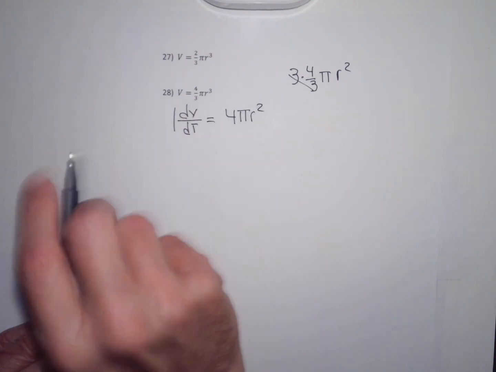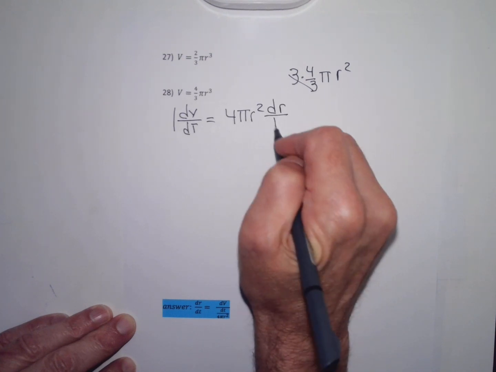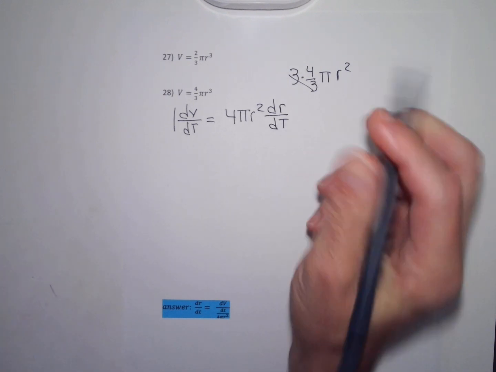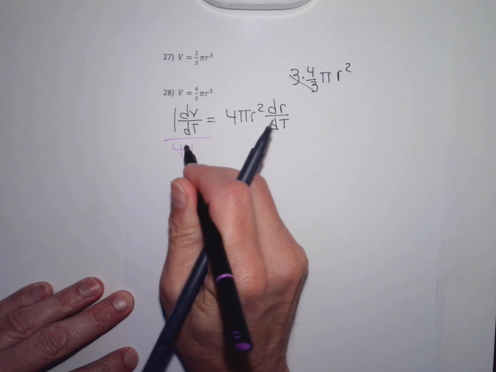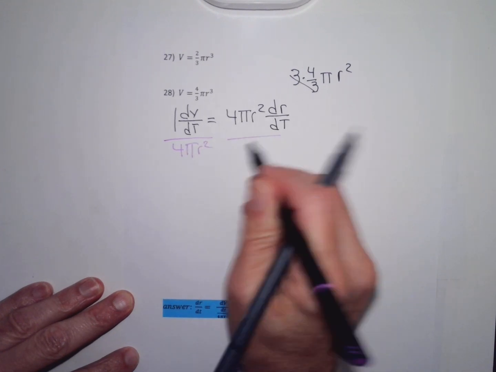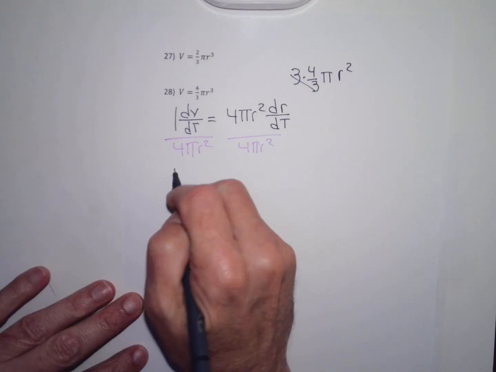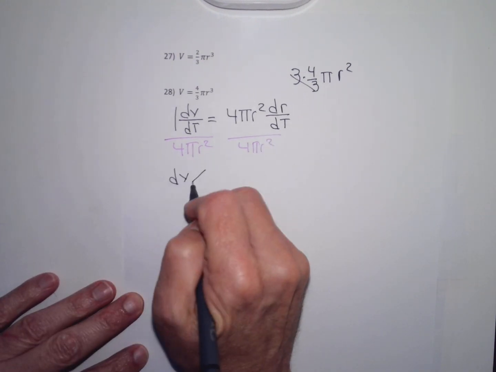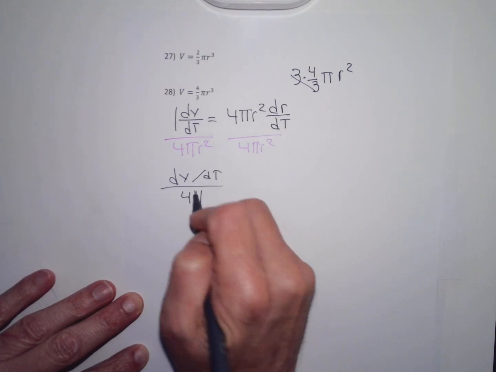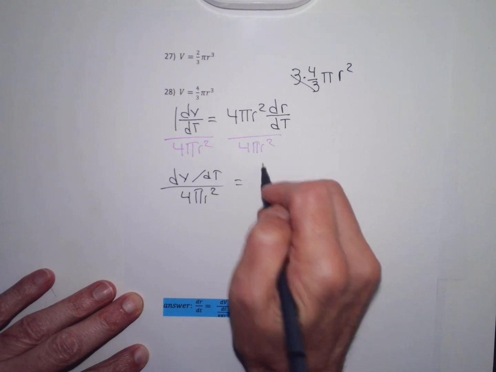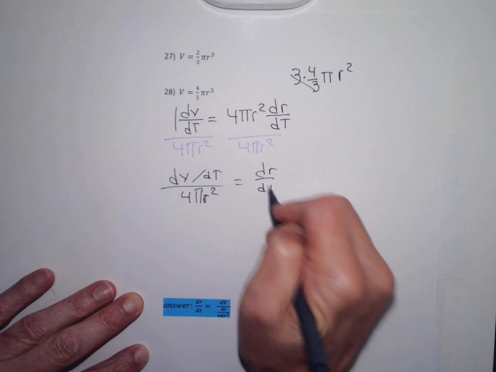And again, since I'm finding a derivative with respect to t, and the variable here wasn't a t, I tack on a dr dt. And then I divide by 4 pi r squared, and I get dv dt over 4 pi r squared equals dr dt for a suitable answer to problem 28.